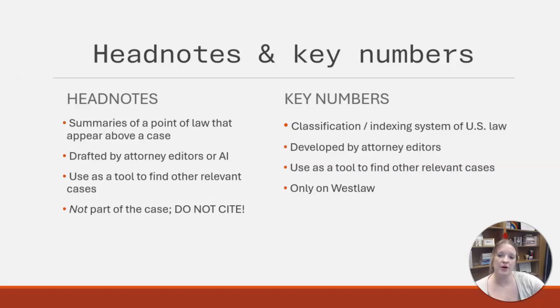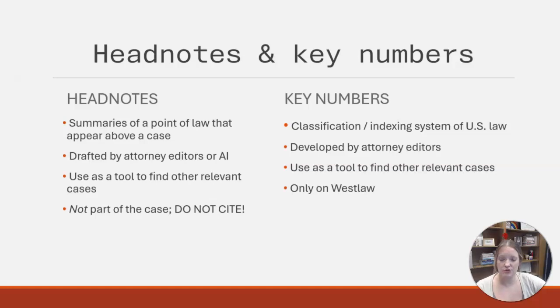These are not part of the case, so we're not going to cite them, but we are absolutely going to use them as tools in our research. As we said, they are drafted by attorney editors or AI tools that have read the case, and then they have taken the key points and summarized them in what they believe is the helpful way to help us with our research.